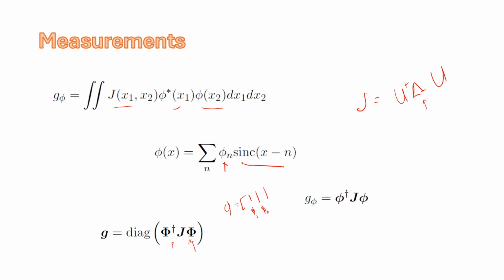Any measurement that we make can be described as a projection onto the coherent modes, the eigenvectors of J. Those are represented here from something we had way back in episode 46, where we described the coherent modes.